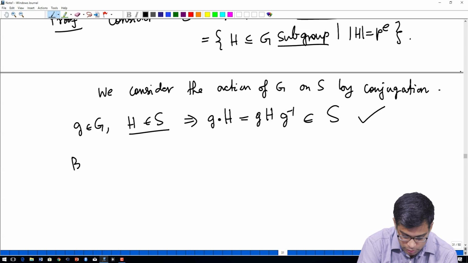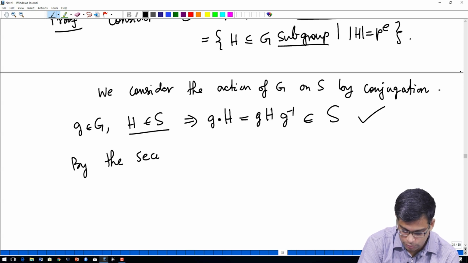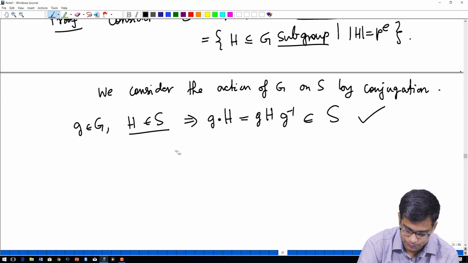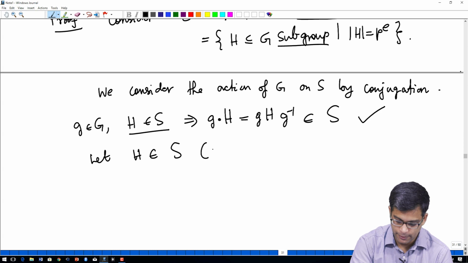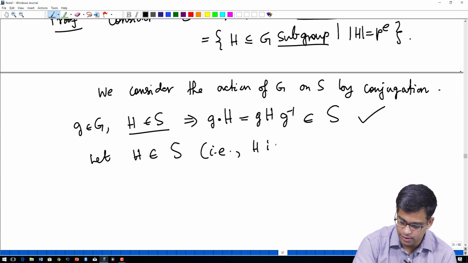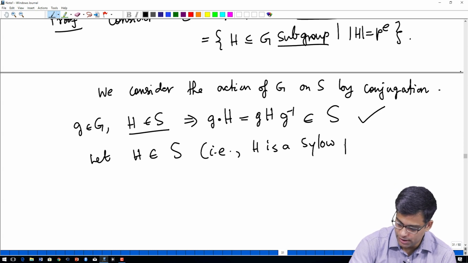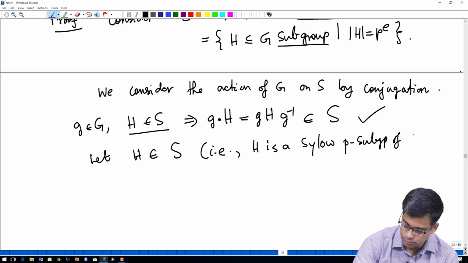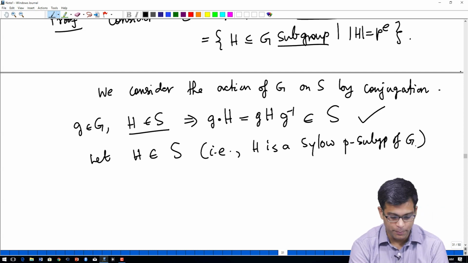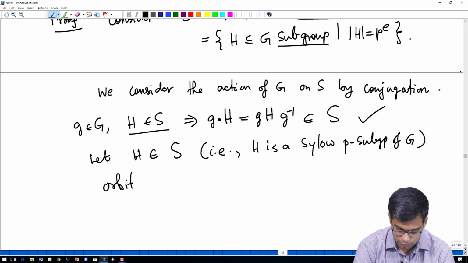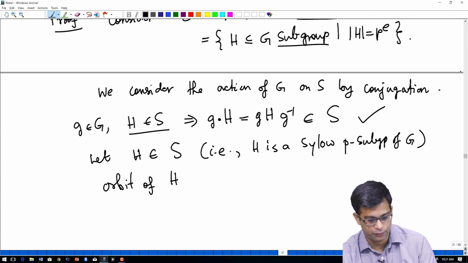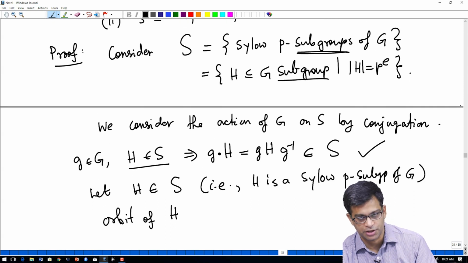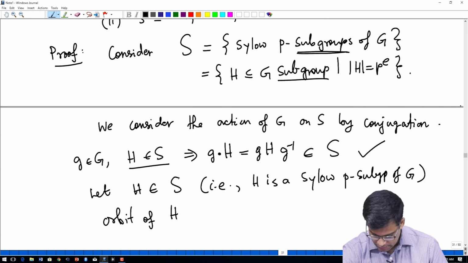Now, by the second Sylow theorem, first of all let us fix some element of S. So, let H be in S, that is, H is a Sylow P subgroup of G. What is the orbit of H under this action? Remember, the proof in this case completely depends on the action of the group G on this set S by conjugation.